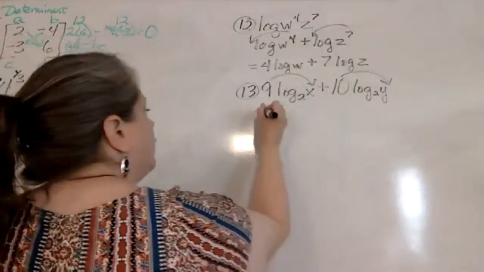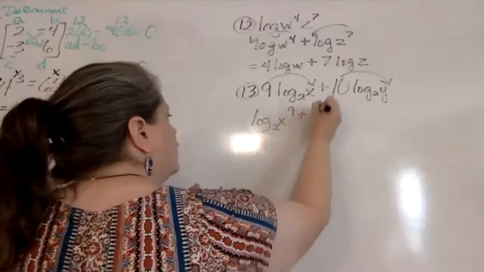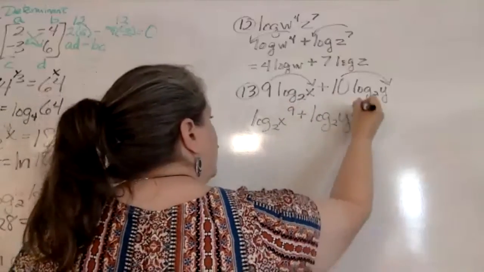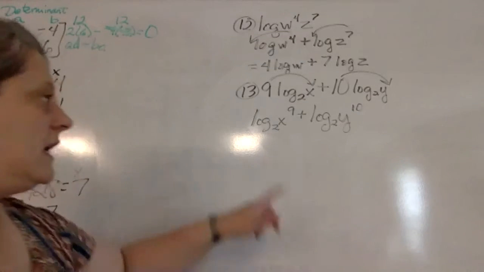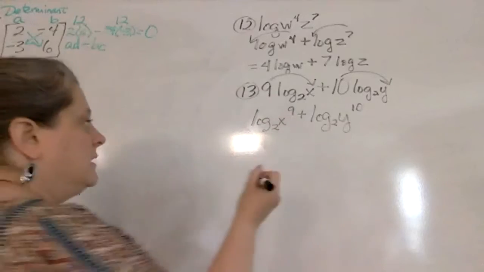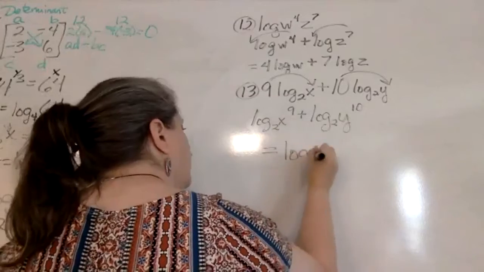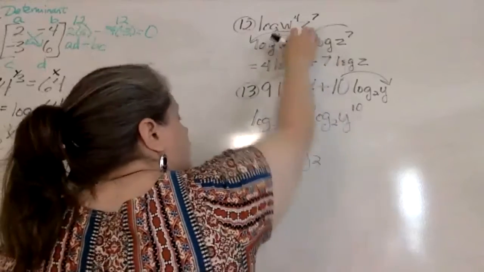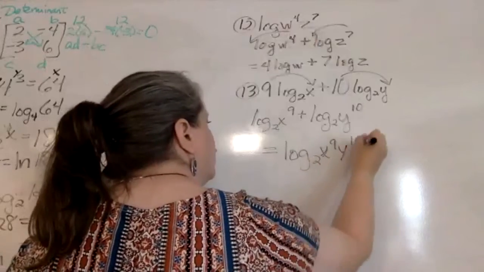So this will become log base 2 of x to the 9th power plus log base 2 of y to the 10th power. Now you'll notice on these, my logarithm has the same base, so it should. That's what we're going to have in our answer. Now I have log with a base 2 of, and then I just write these right next to each other, x to the 9th, y to the 10th.